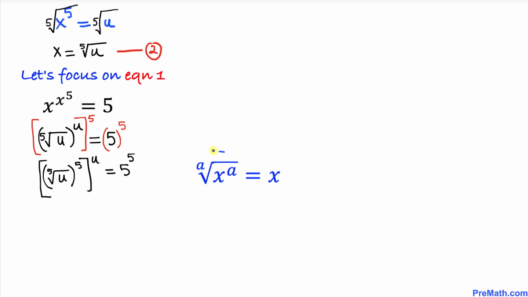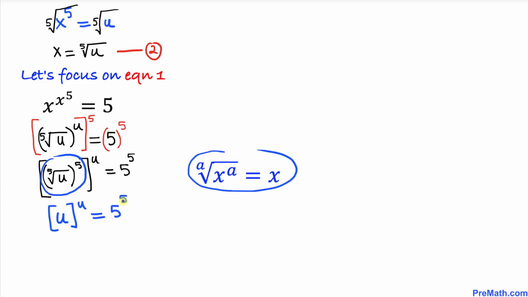According to this rule once again, the part inside this bracket could simply be written as u, and then power u equals 5 power 5.